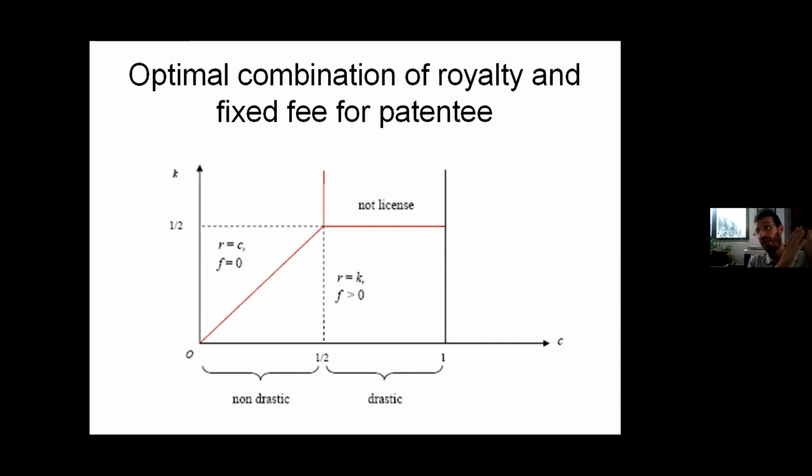So this turns back to the result I said at the beginning. In the case of a capacity constraint and optimal combinations of royalty and fixed fee, there are cases where the optimal royalty is lower than without capacity constraint, because here R is equal to K in many situations and not R equal to c, as in the case of no capacity constraint.